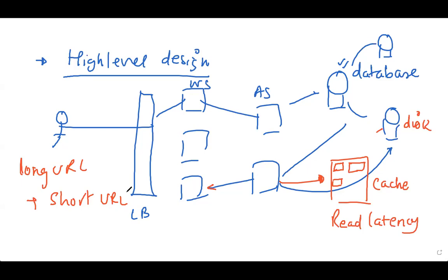So store the long URL, generate a short URL for it, and store them in the DB. I'm not sure if the DB is the correct place to store, but while creation, create a short URL, store the long and short in the DB, and when any user requests with the short URL, go back to the DB, fetch the long URL, and redirect the user to that particular URL.